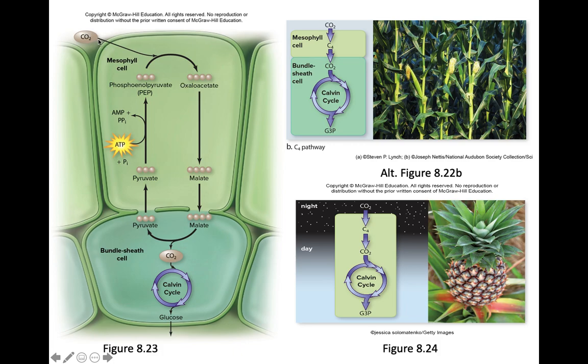Carbon dioxide hops on the bus right here, which is malate. That malate bus takes it from its home in the mesophyll cell to its day job in the bundle sheath cell where it performs the Calvin cycle, and that's how it transfers. So you can think of C4 plants as using carbon dioxide as a commuter.